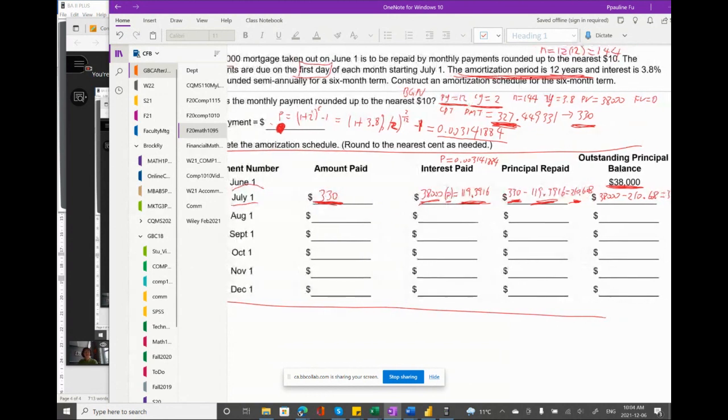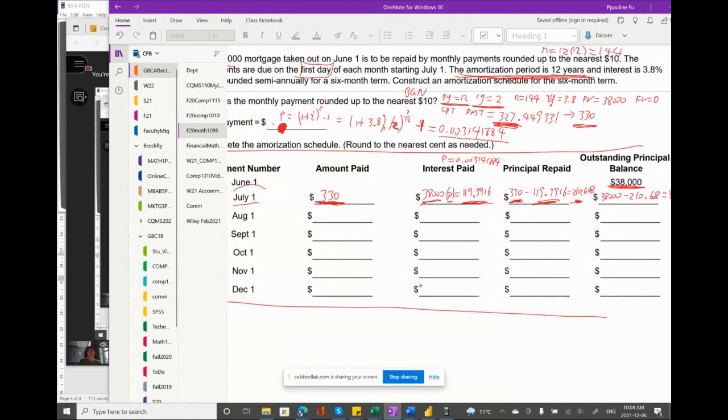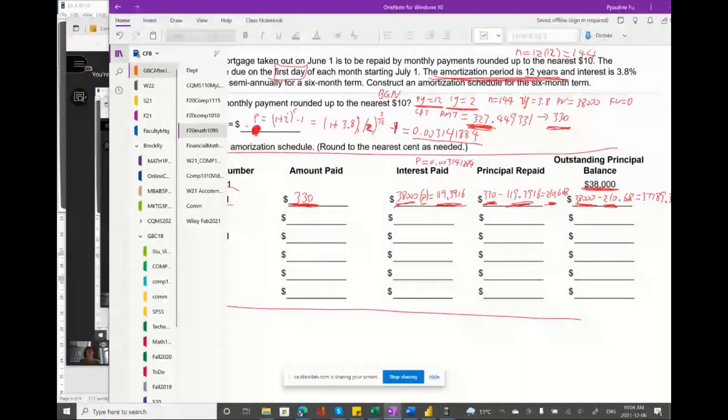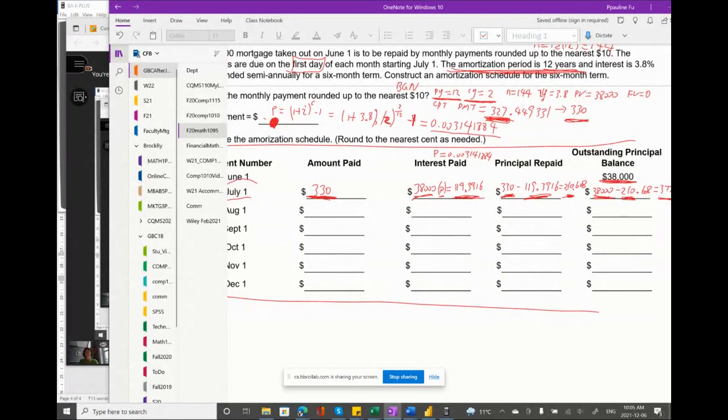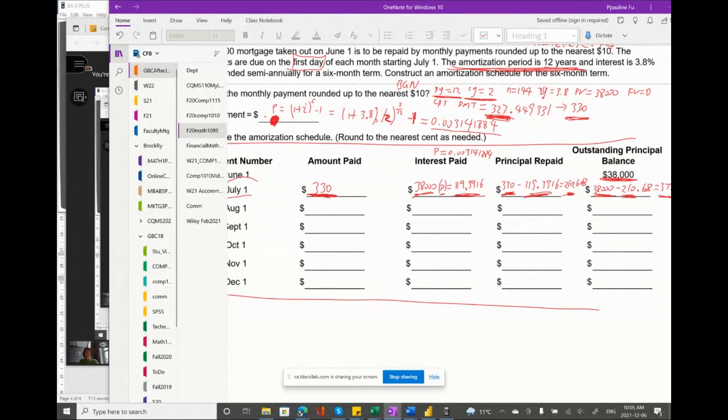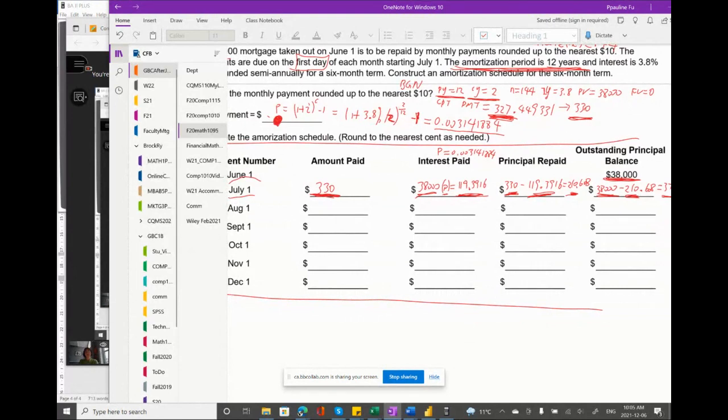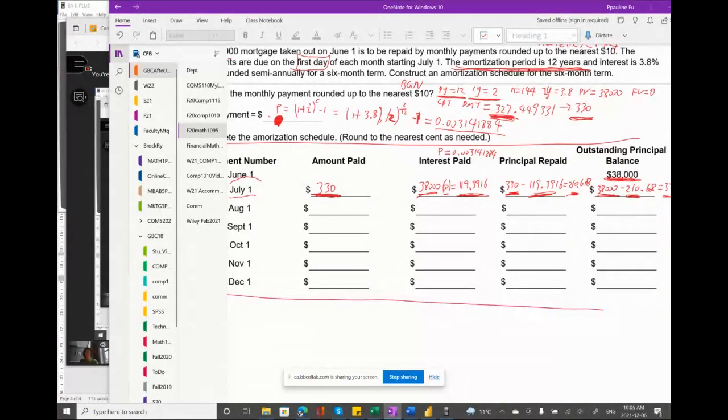And once you get the principal, for the outstanding balance, use the previous balance, 38,000 minus principal repaid. You get the outstanding balance for the first period. Any questions? So we did period 1, the first month.